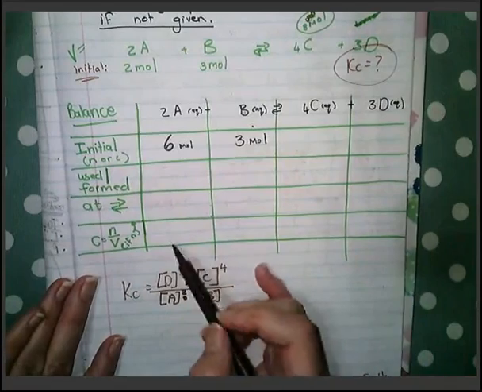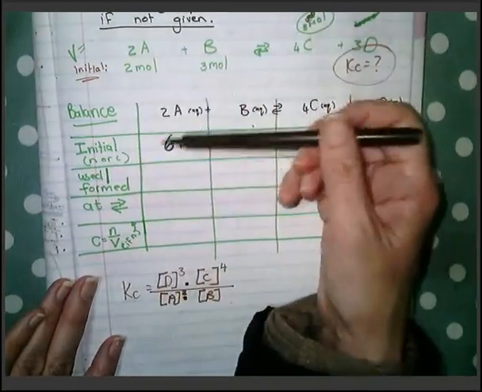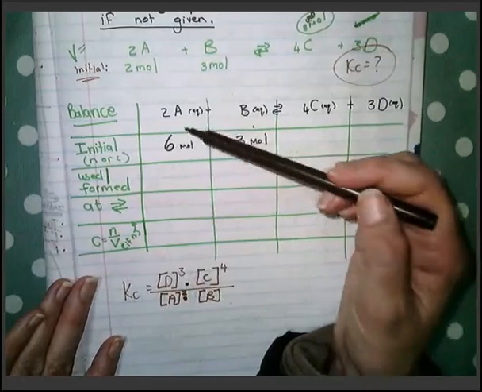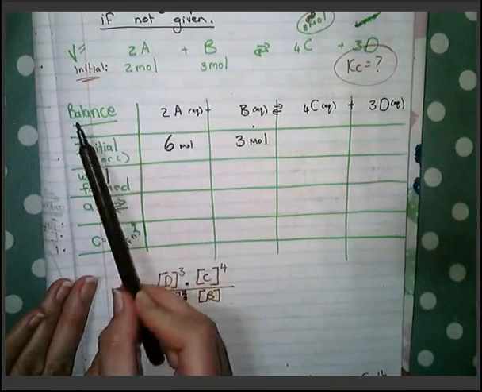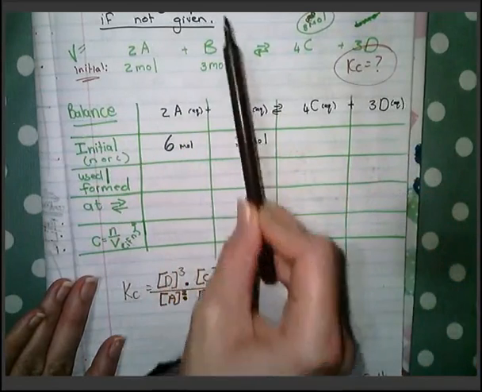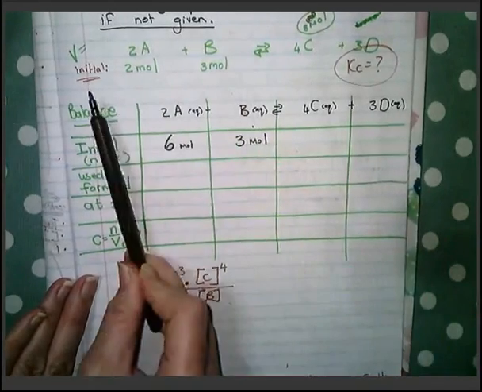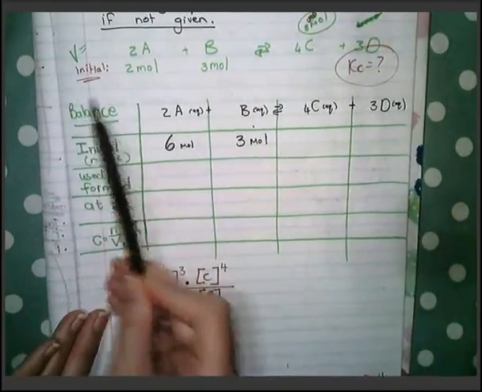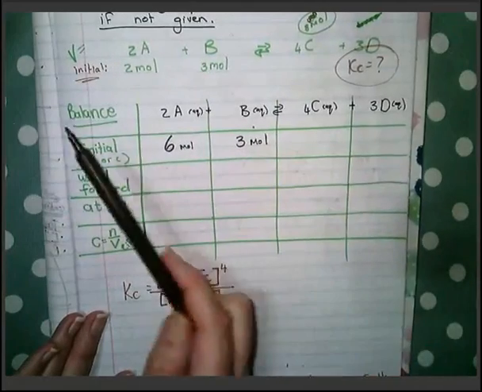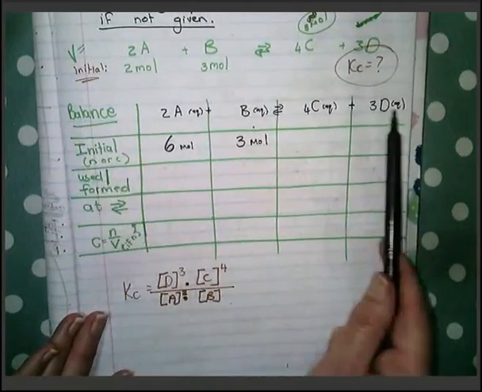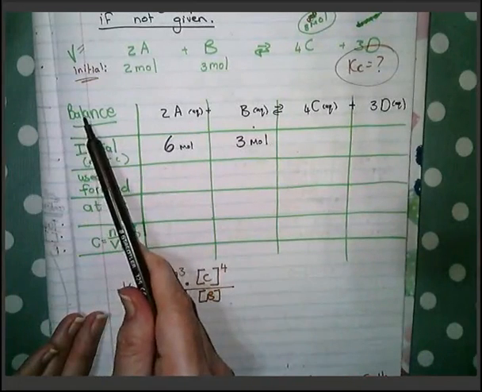So in order to calculate the concentration at equilibrium, we write this grid. These are columns: a column for each reactant or product, and then a column for your memorized little pattern. The first thing you have is the balanced equation.